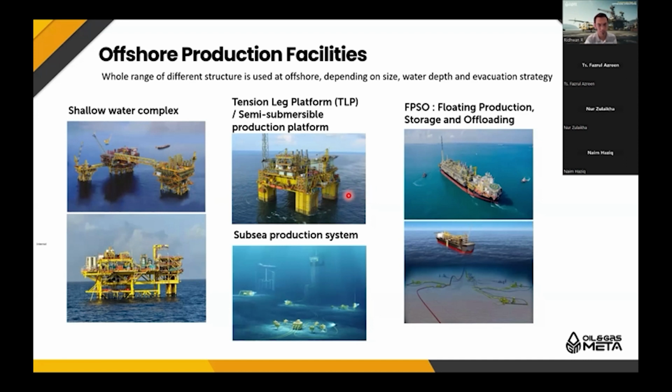For this one, it will be supported by water ballast in order to hold the structure at the location. For example, the platform we have in Malaysia is Kikeh. This Kikeh is one of the examples of a deep water platform in Malaysia.